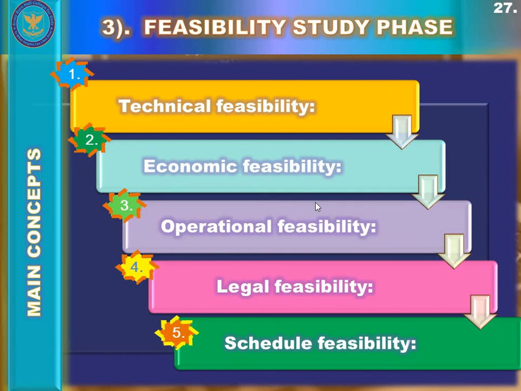Now after the technical, economic and operational feasibility, the fourth type of feasibility on the basis of which a system analyst assesses the strengths and weaknesses of a proposed plan, system or project is legal feasibility. That is very simple.